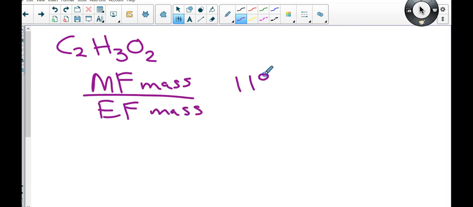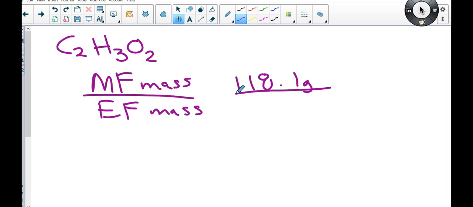So 118.1 grams. And then I need to figure out the mass of this. So it's going to be 12.01, so 24.02 plus 3.03, so 25.03 plus 32.